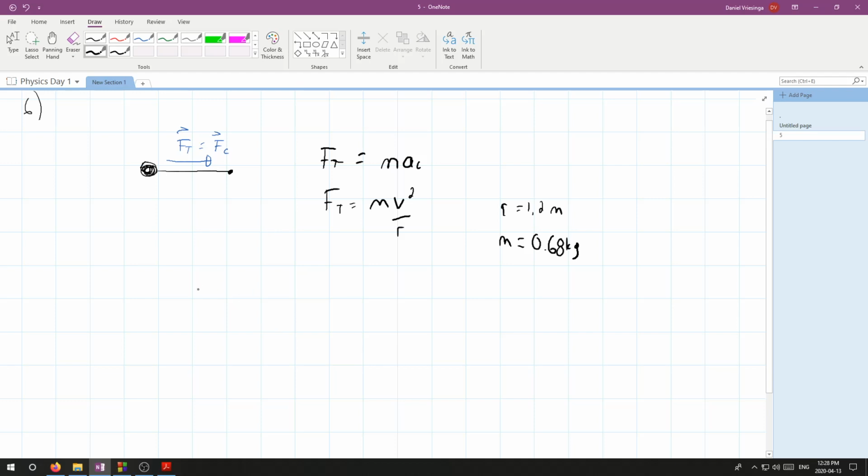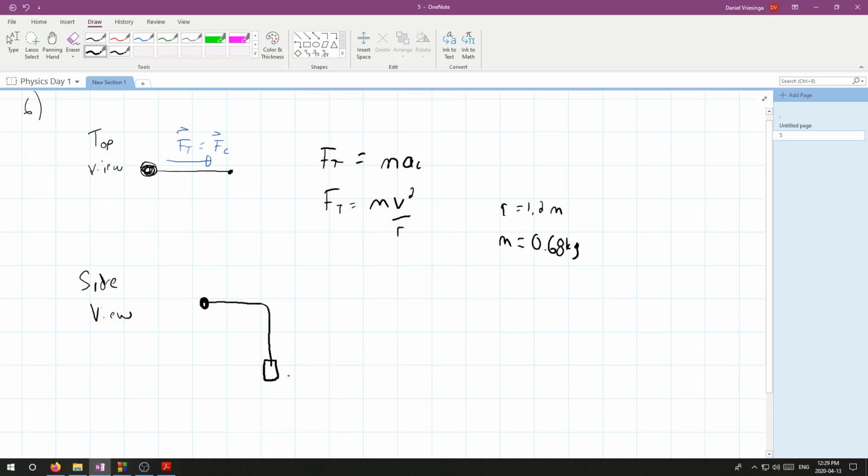But if I look at it from another view, so this was my top view. If I look at it from the side view, and kind of think about it like a pulley. So there's my rope, it's bent around.